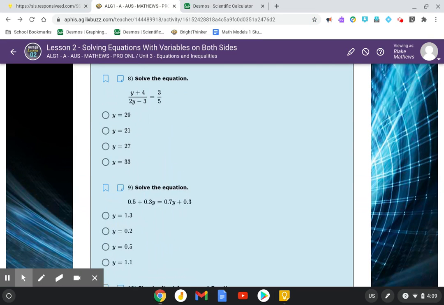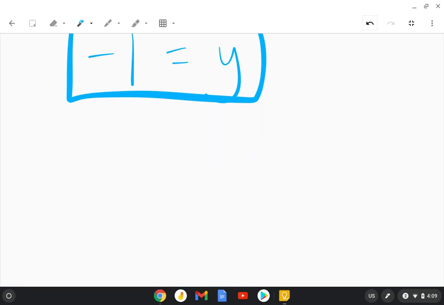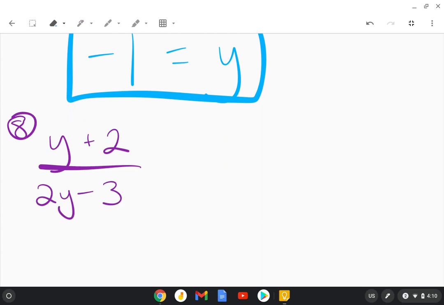The next one is a cross multiplication problem. Anytime you see an equation where you have 2 fractions equal to each other, you're going to do cross multiplication. Y plus 2, this is number 8 now, over 2y minus 6 equals 4 over 3.